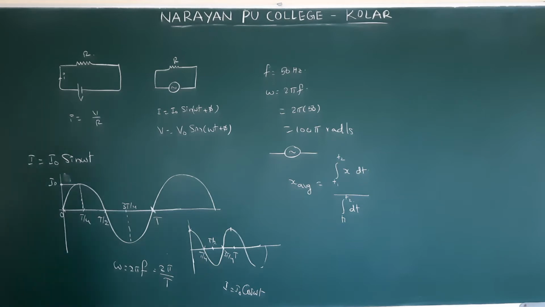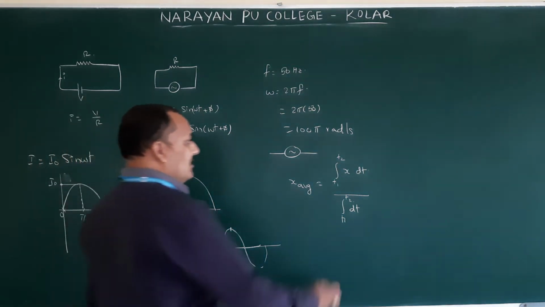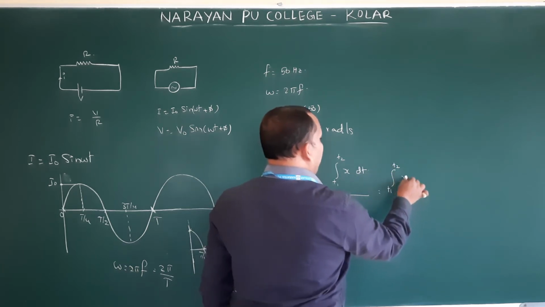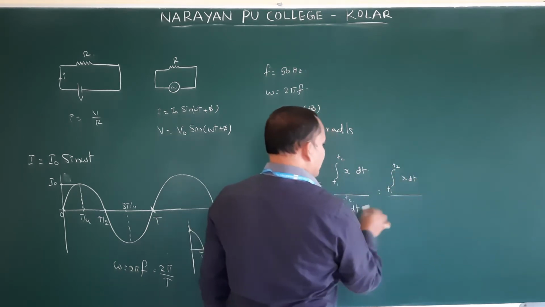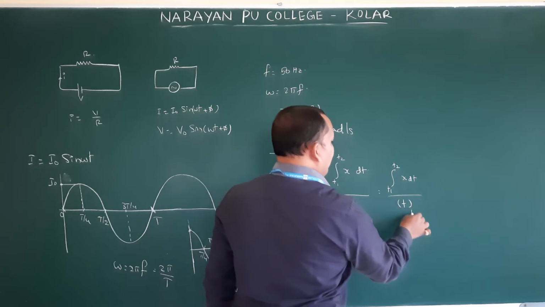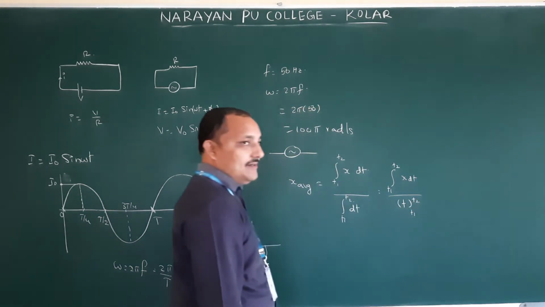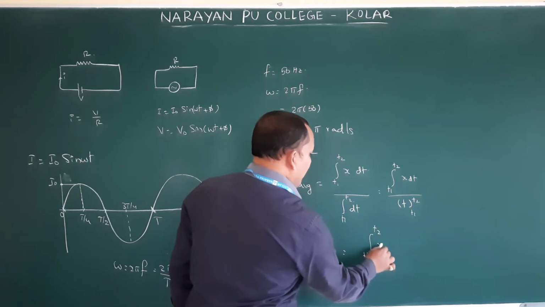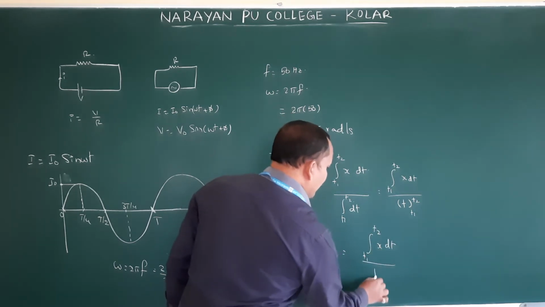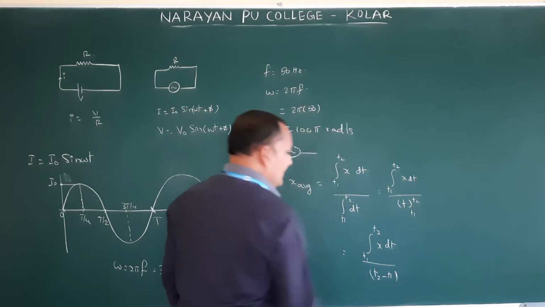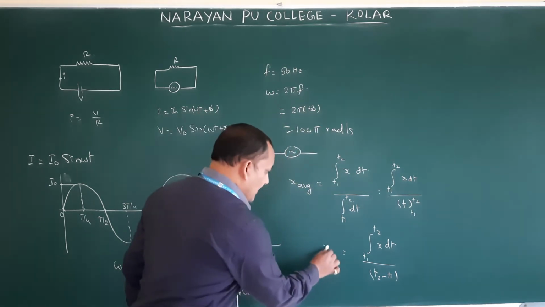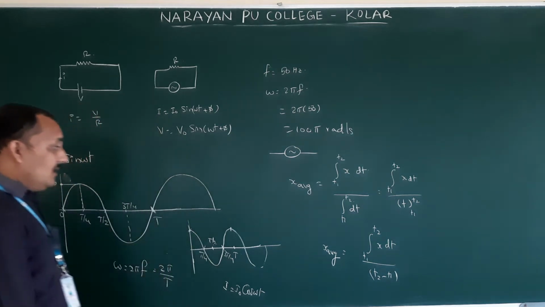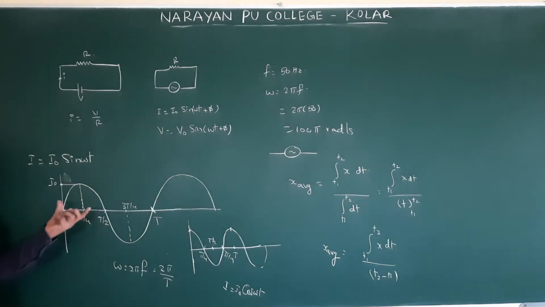If you integrate, already you know integration, the integral T1 to T2 of x dt by T2 minus T1 is the average value.